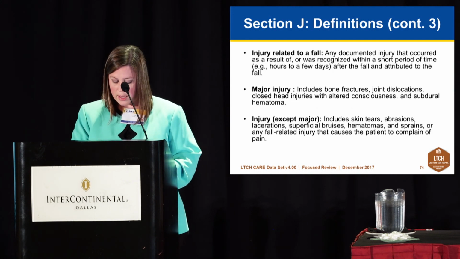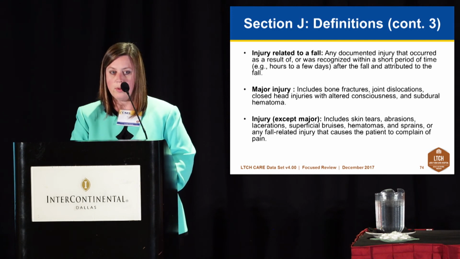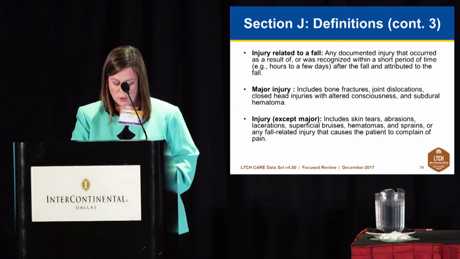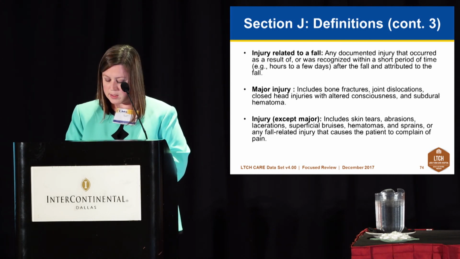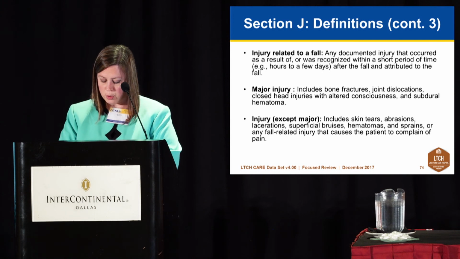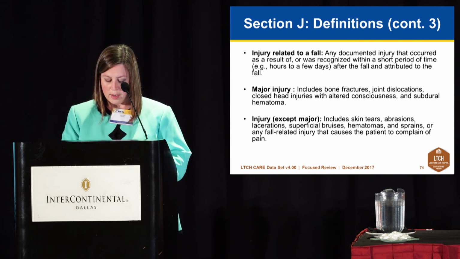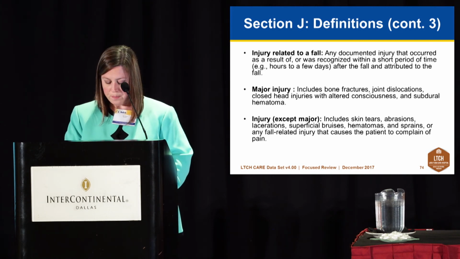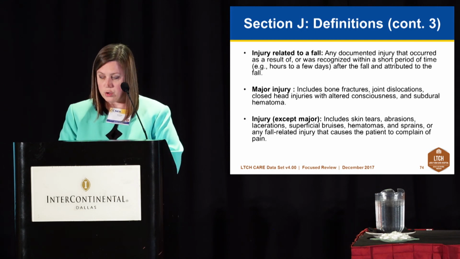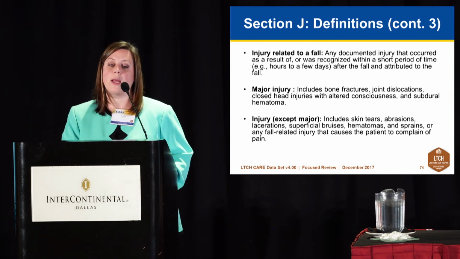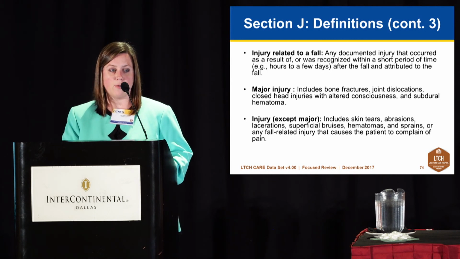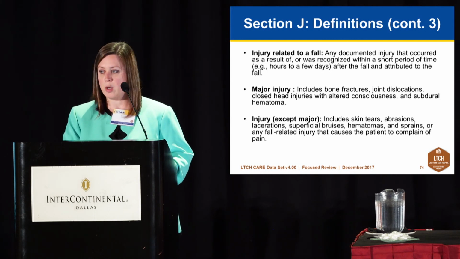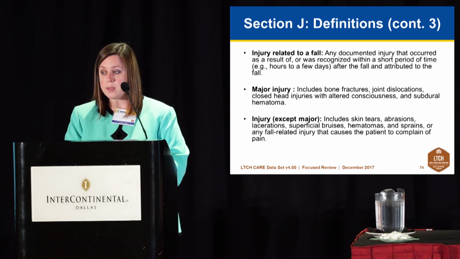Here are some additional definitions that help us to sort through the terms injury, major injury, and injury except major. Injury related to a fall is any documented injury that occurred as a result or was recognized within a short period of time, like a few hours, after the fall and attributed to the fall. So we know sometimes it's difficult to attribute the injury directly to the fall in the moments right after, and sometimes things will pop up in the next couple of hours or after assessment.